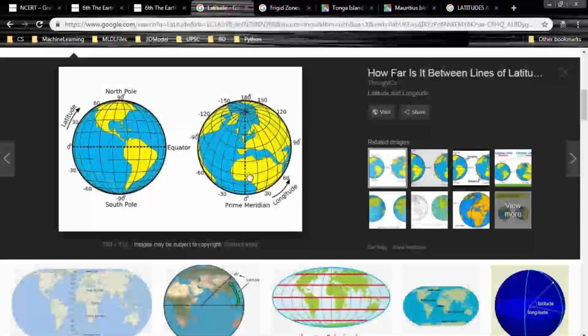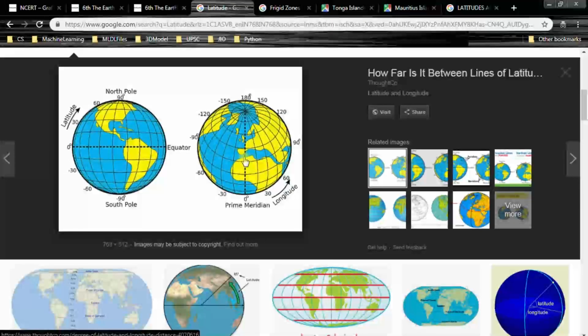So let's see here. This is the prime meridian. If it is 12 noon, and this is 15° east, then we have to multiply 15 into 4, that is 60 minutes. 60 minutes means 1 hour.